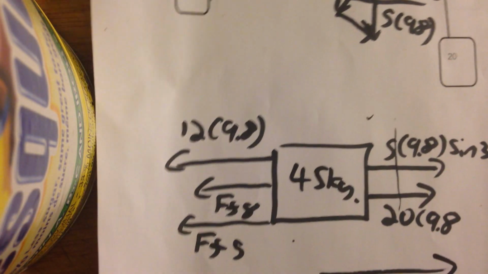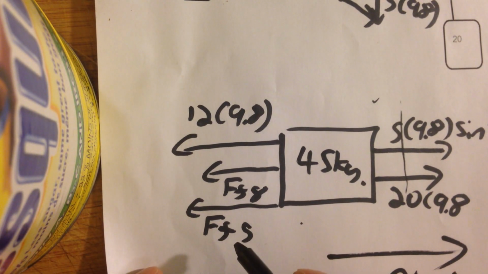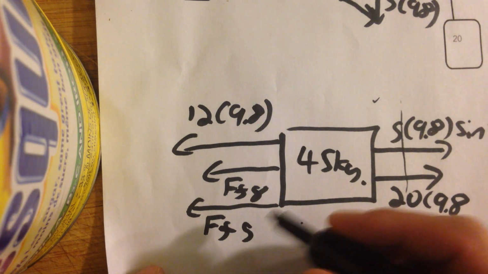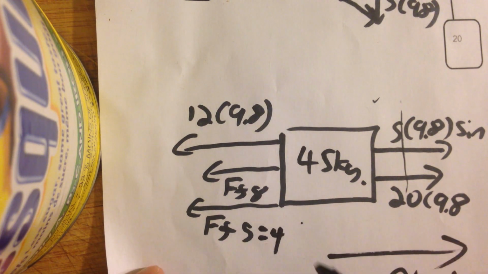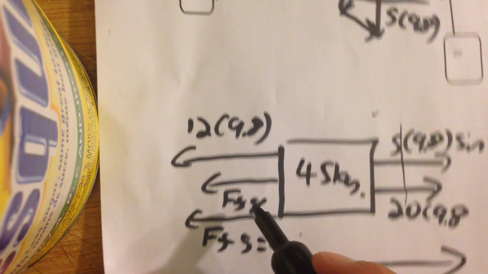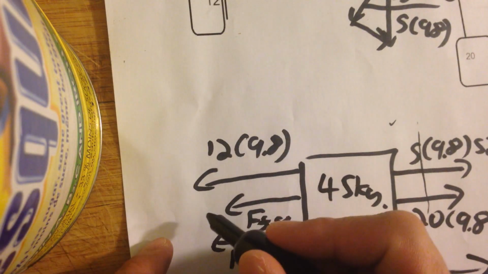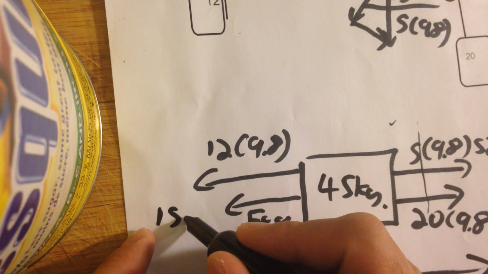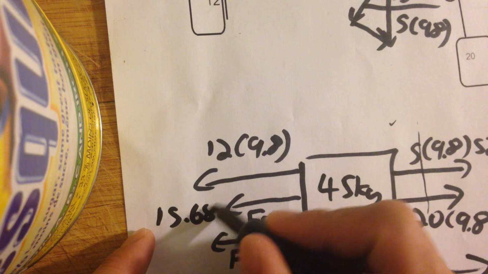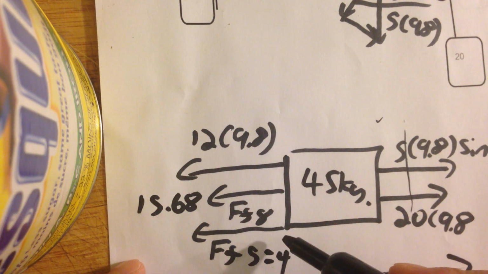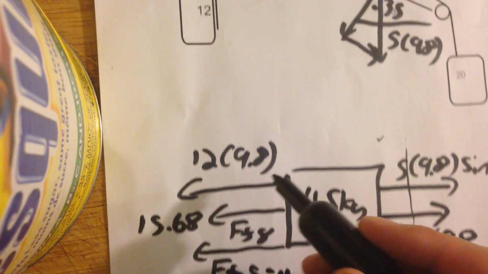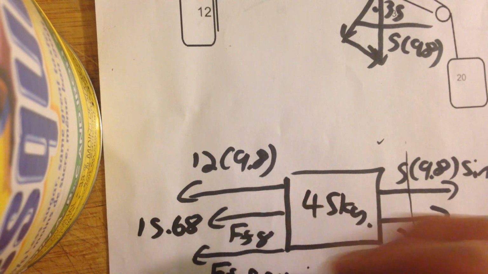Okay, so over here we have our force of friction on block 5 is equal to 4. Our force of friction on block 8 is 15.68. So 15.68, 4, and 12 times 9.8 are pulling the block this way.